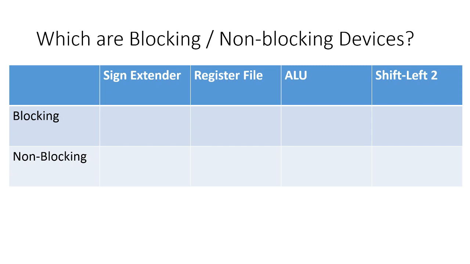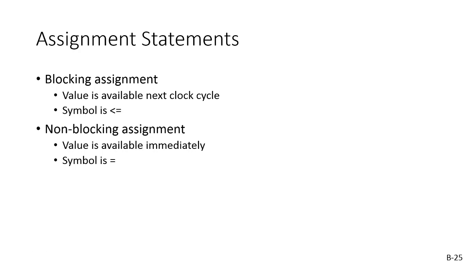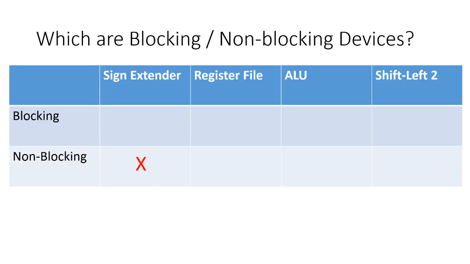gives us something for consideration, when you've got these functionalities like a sign extender, a register file, an ALU, and a shift left, is it blocking or non-blocking? Well, this is semantics, but as I showed in the previous slide, blocking being clock cycle dependent, non-blocking being always available.